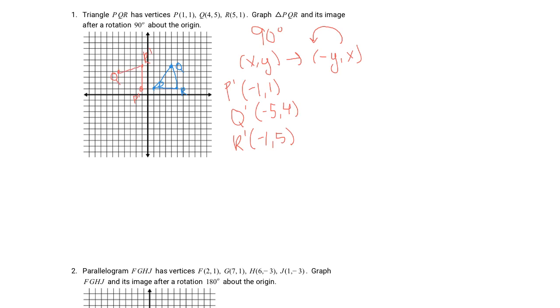So connect the dots, and we've done it. If you look at this, it looks like PR is this vertical line right here. Over here, it was a horizontal line. So we just took it and flipped it 90 degrees and put it on the next quadrant over, which is exactly what we're going to do with those.